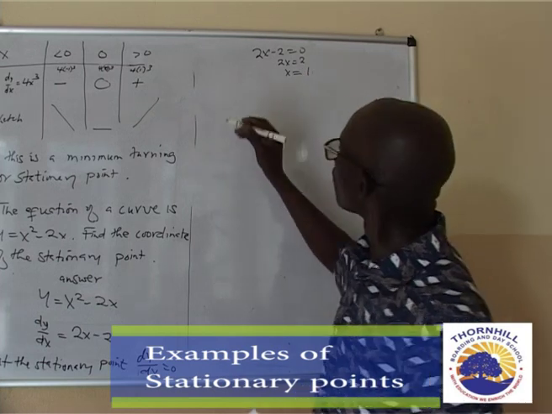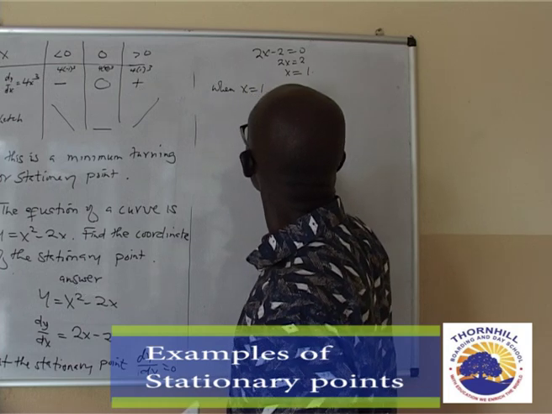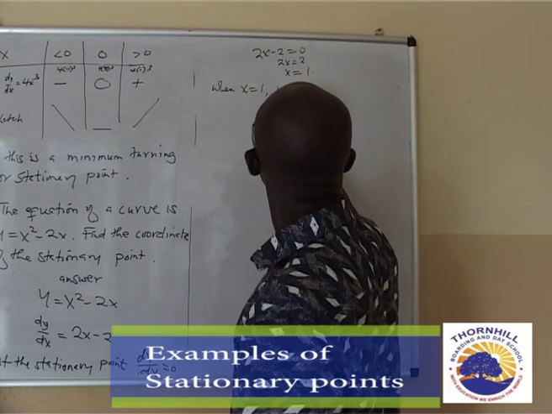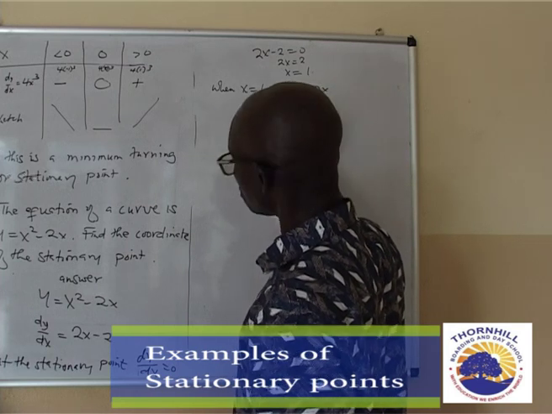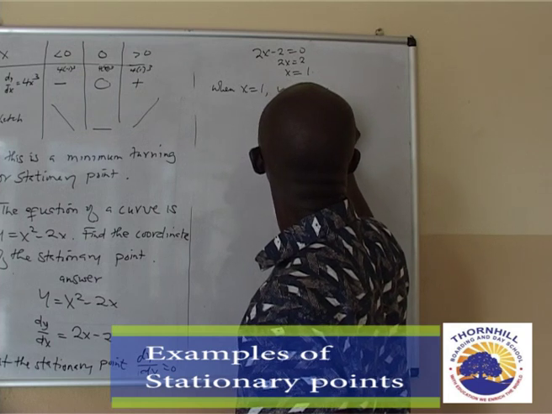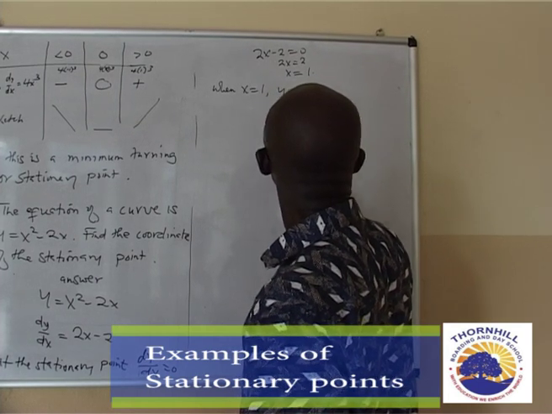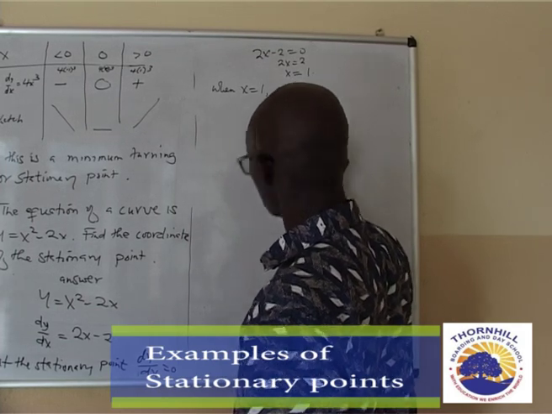So what is the y value? When x is equal to 1, y is equal to x squared minus 2x, so y is equal to 1 squared minus 2 times 1. y is equal to 1 minus 2, and y is equal to negative 1.